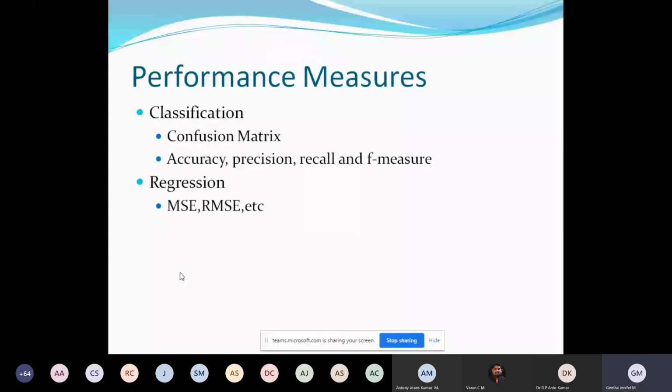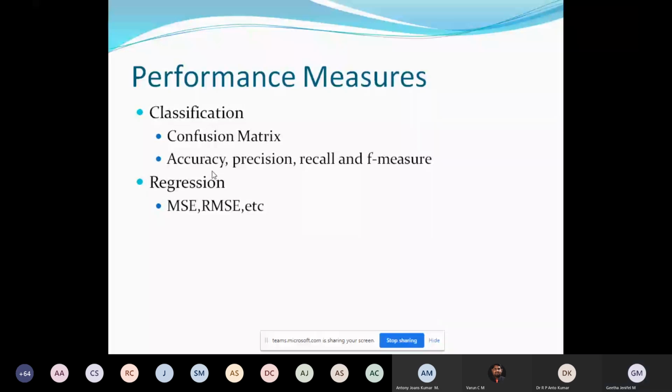So I created a model using RPART, that is a decision tree. To measure the performance of the classification, we have to use the confusion matrix. With the help of the confusion matrix, we measure accuracy, precision, recall, and F measures.